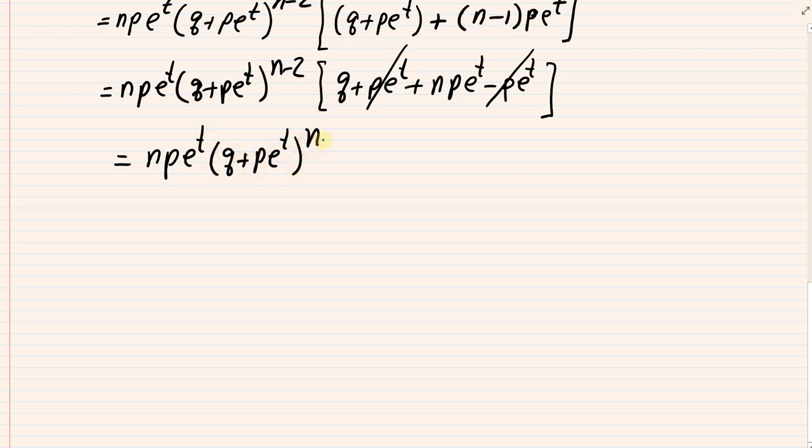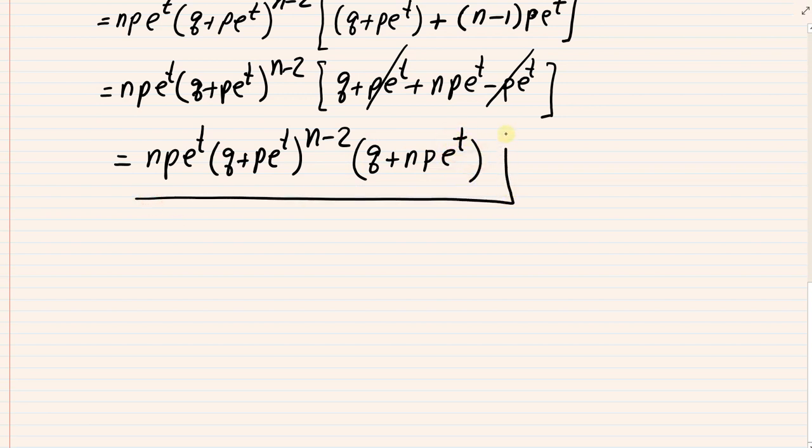That's going to stay. And inside the bracket, we just have q plus np e to t power. And that is the form of the moment generating function for the second derivative. That's the second moment, okay, of the random variable.